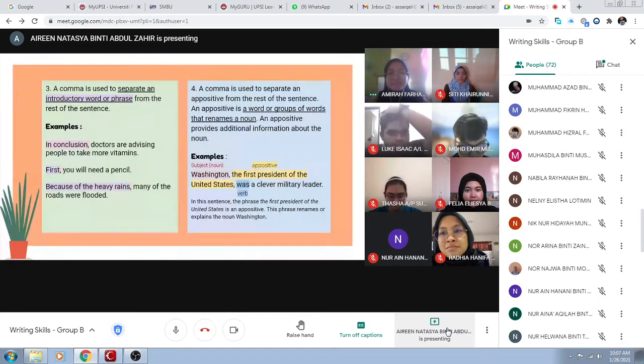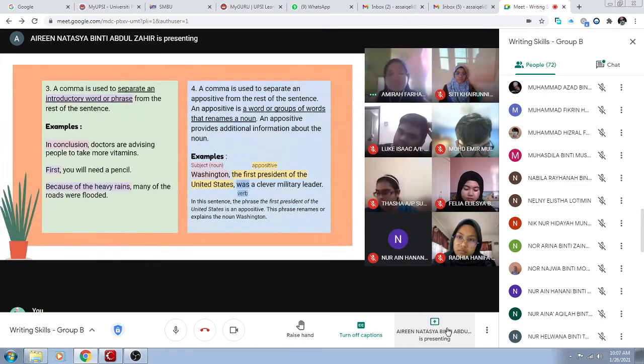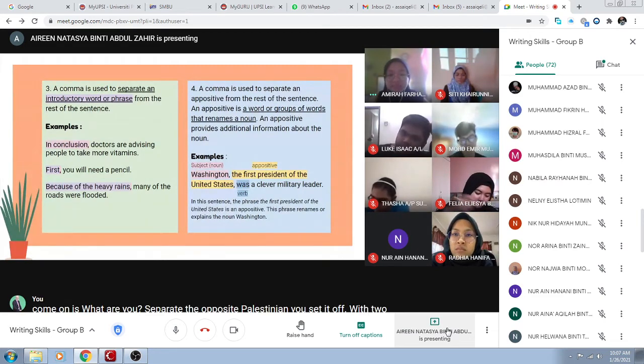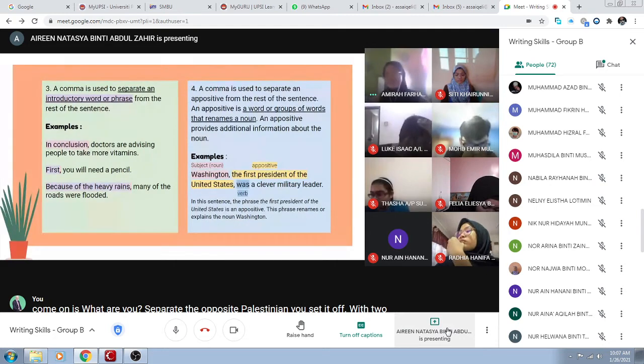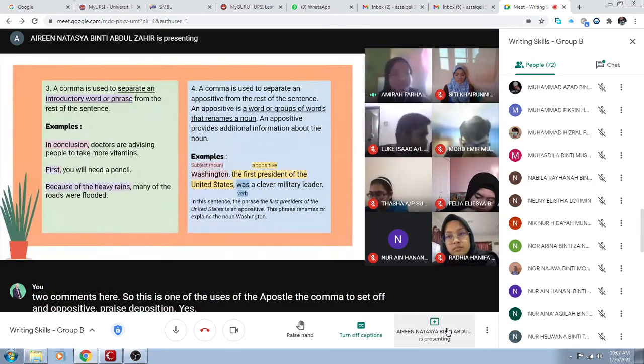So you separate the appositive, a Palestinian, you set it off with two commas here. So this is one of the uses of the comma to set off an appositive phrase. Yes. Next.